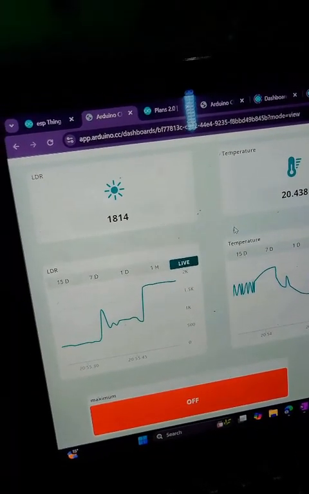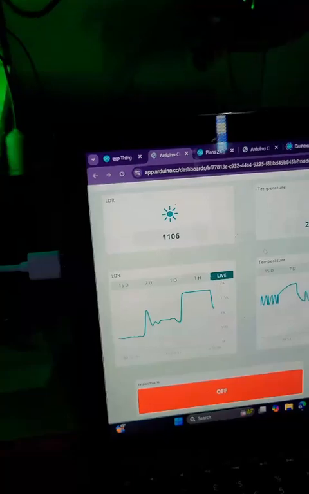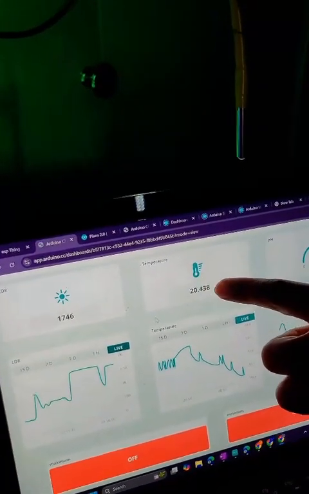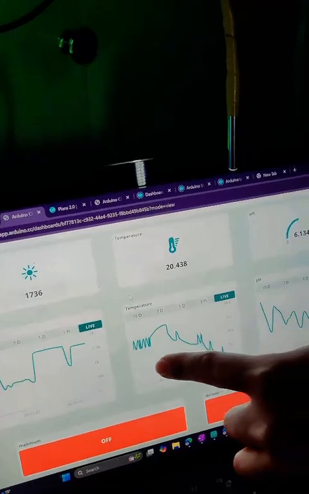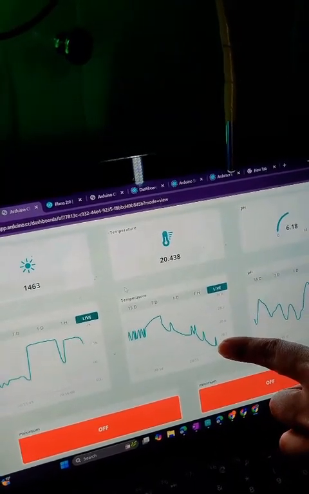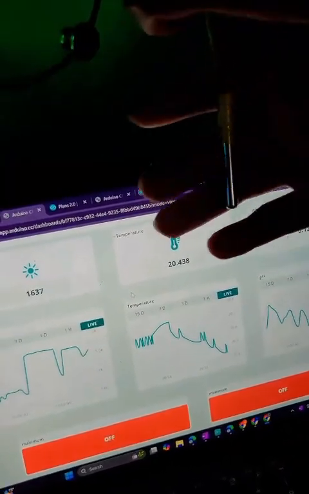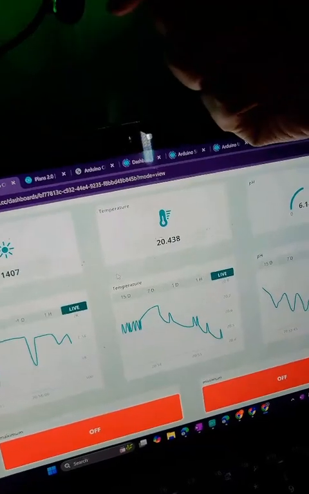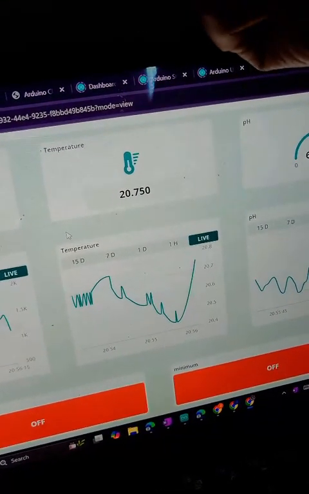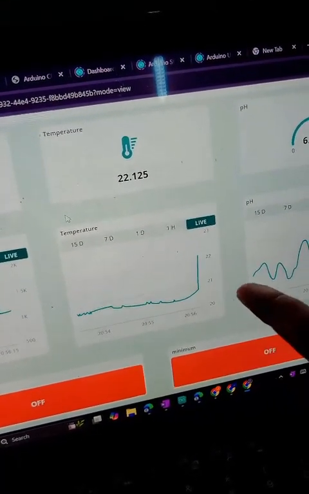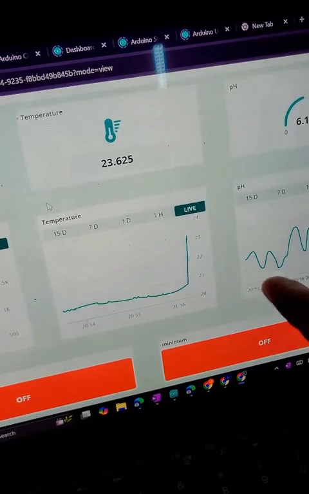Now, let's talk about another sensor, which is the temperature sensor. You see how it's 20 degrees right now? And it just kind of stays there for a bit. But if I put it in my hand, because my hand is warmer, you can see that the data goes up. Goes higher and higher.